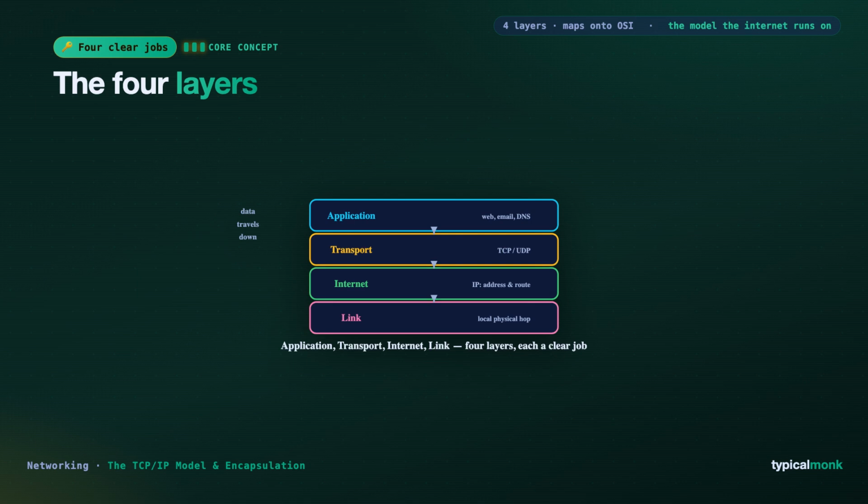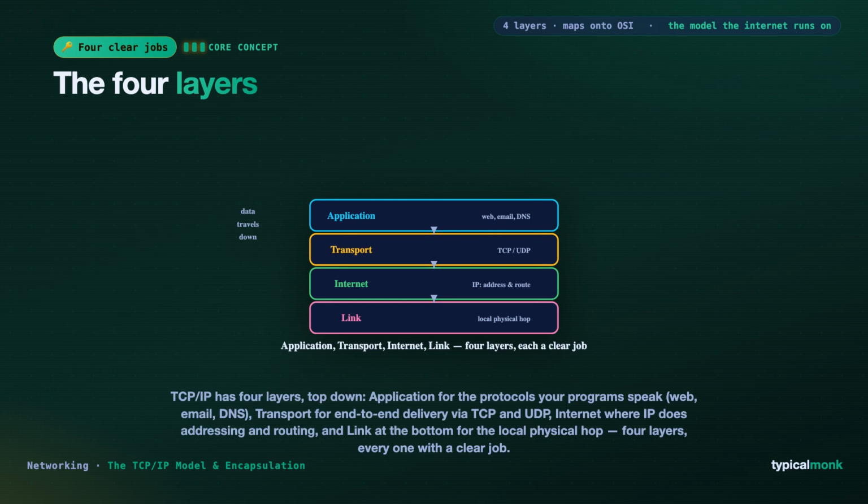Application, transport, internet, link, 4 layers, and every one has a clear job. So the takeaway, TCP/IP has 4 layers: application at the top for app protocols, transport for end-to-end delivery, internet for IP addressing and routing, and link at the bottom for the local physical hop.